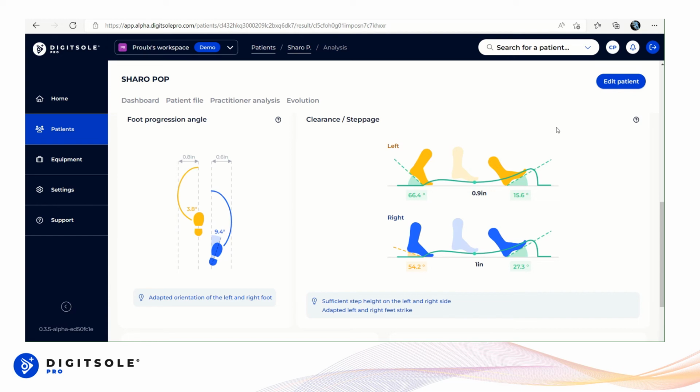And then we look over to the right here, and we have what's referred to as clearance and steppage. So clearance is actually the distance at which the foot is going across horizontally from the floor surface. So we see here that we have clearance at 0.9 inches and 1 inch. So that's considered to be within the normative spectrum. It shouldn't be so low that people are scuffing their feet.